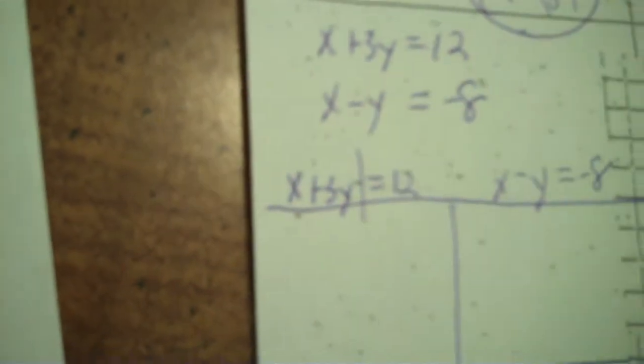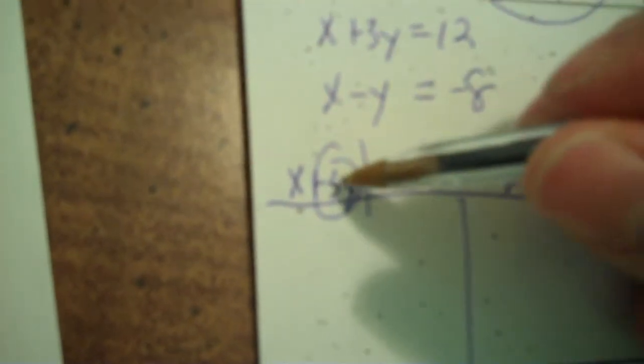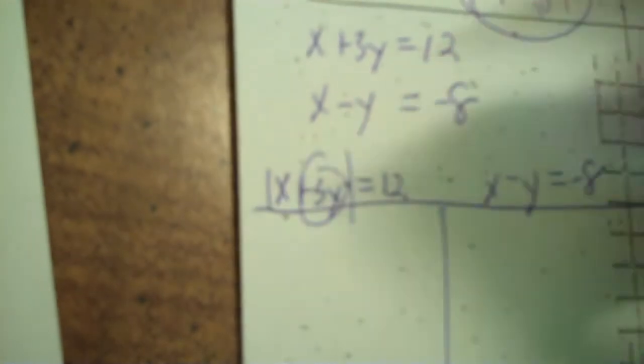Okay, next up we got x plus 3y equals 12. X minus y equals negative 8. Okay, obviously going to be kind of a pain in the butt problem, but we can handle it. As long as you make the wall, circle the y, you already have positive 3, okay, so you don't change the signs. So that's a 1.